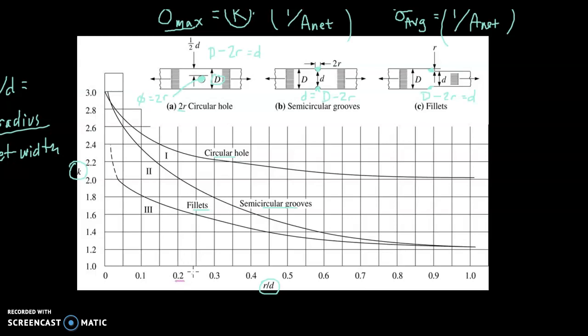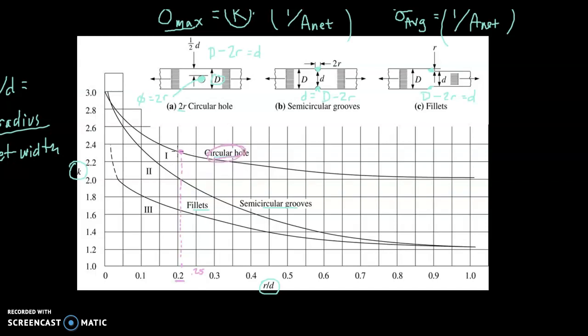This would be 0.25. And so 0.214 is probably about here. So we're going to follow this up, and we're not dealing with fillets. We'll skip right past that curve. We're not dealing with semicircular grooves. In our problem, we're dealing with a circular hole.